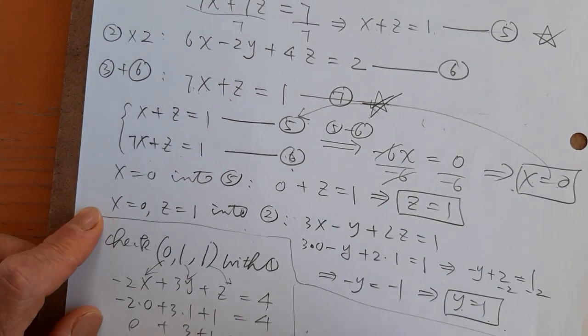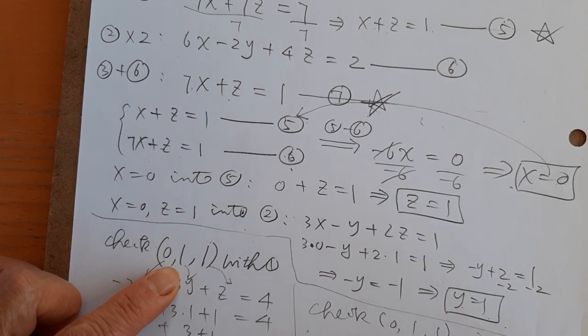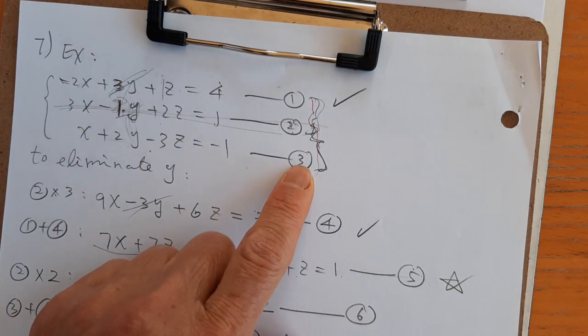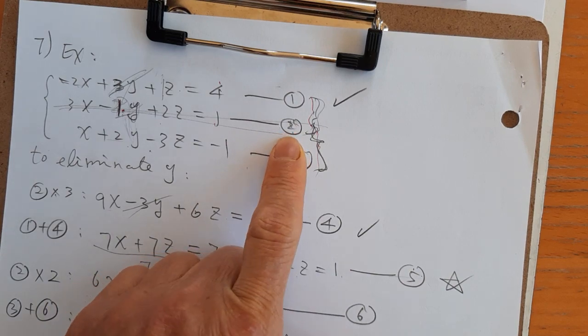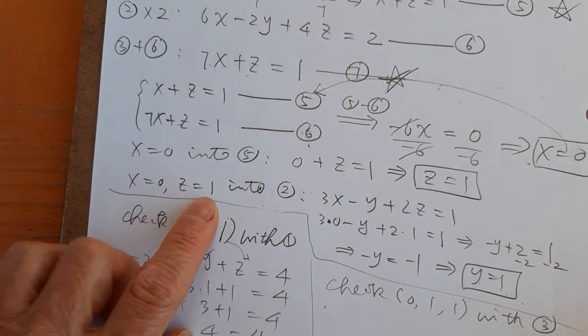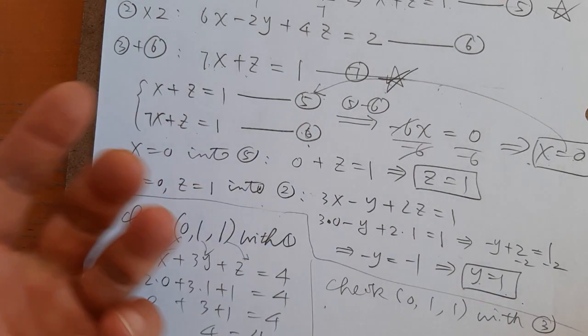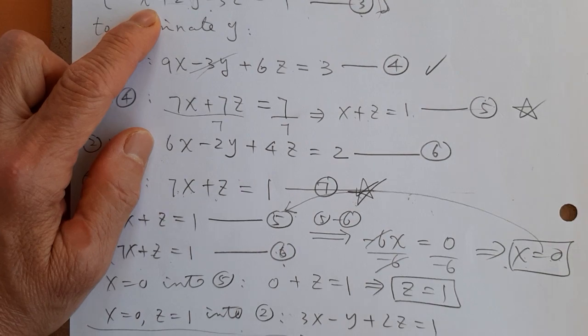Now then you check with another one. Check 0, 1, 1 with the third equation. Don't check with the second equation because you got x equals 0, z equal 1, and put it into the second equation to get y equal 1. Check with the third equation.